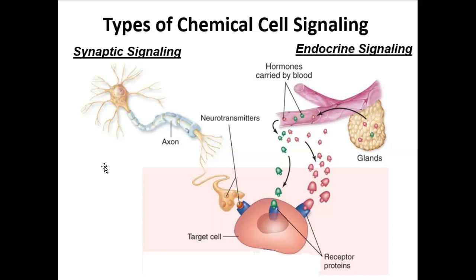Diffusion will still occur as the ligand gets into the blood or leaves the blood, but the majority of the distance traveled by the ligand is in a liquid in the blood. Any signaling molecule that travels through the bloodstream, having been released by a gland, is called a hormone. So in this fourth type of cell signaling, the ligand is called a hormone because it travels through the blood.